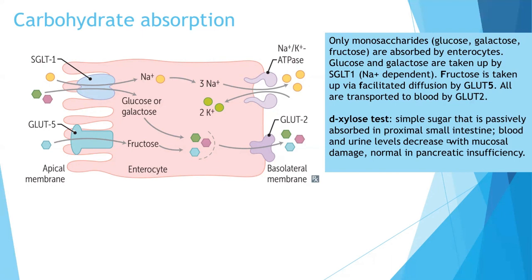So even if the patient has pancreatic insufficiency, he or she will have a normal D-xylose level in the blood and urine. So the basic idea is whenever the patient has mucosal damage, the D-xylose level will decrease because of decreased absorption. But whenever the patient has pancreatic insufficiency, the D-xylose level will be normal because it is not dependent upon the pancreatic enzymes for its absorption.